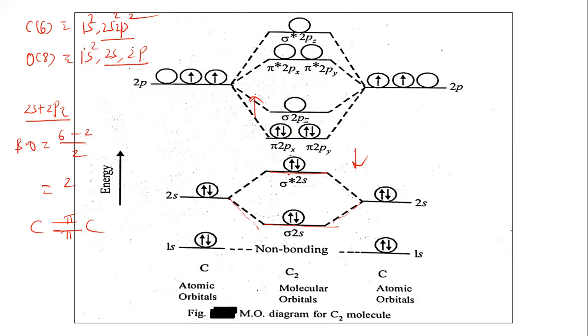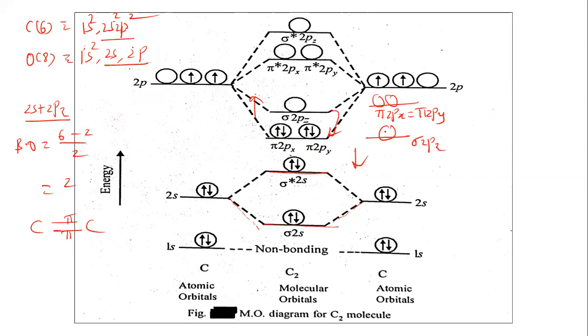And according to the previous concept, suppose sigma 2pz has the lower energy level, now this is sigma 2pz, then pi 2px equal to pi 2py have the higher energy level as per the old concept in the case of the oxygen molecule. Then the electrons can be filled here.